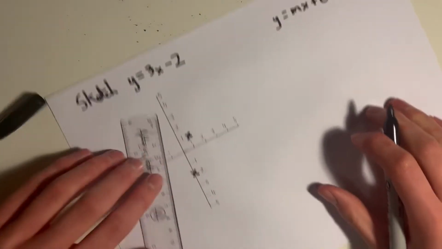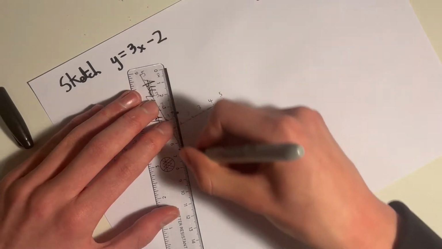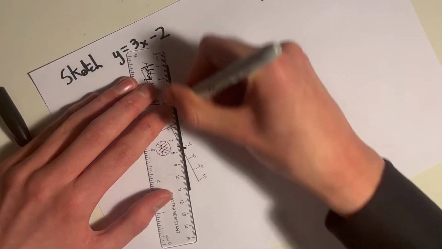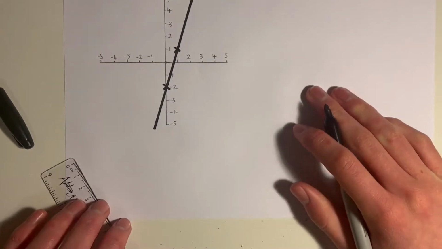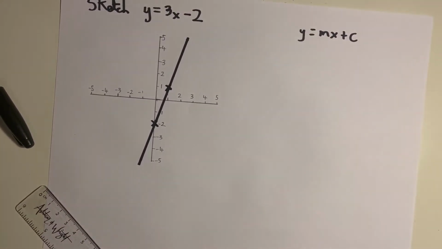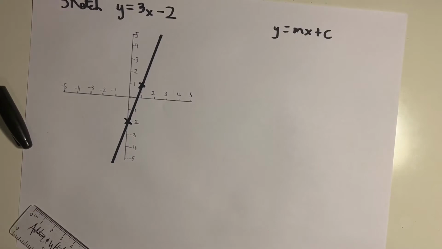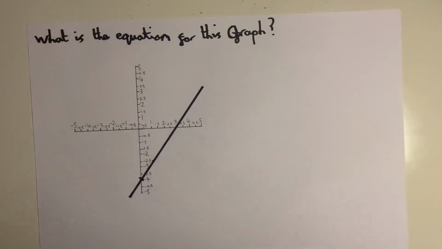And then we can just put a straight line through both points. So that is the graph y equals 3x minus 2. As you can see, it's quite an easy topic. Once you know y equals mx plus c, you've pretty much got it on lock. I'll go through another type of question you could get from this, and I'll show you how to do that.